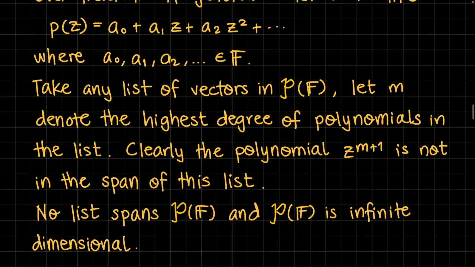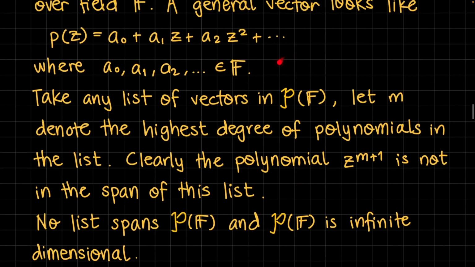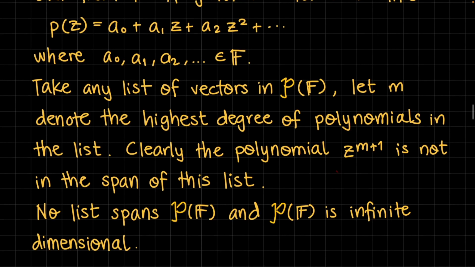you can show that no matter how large your list, there will always be a polynomial with a degree that's one more than the highest degree of polynomials in your list, which is not in the linear span.